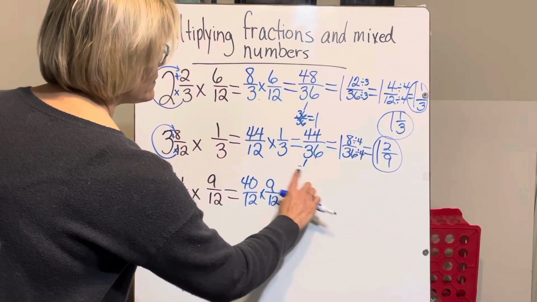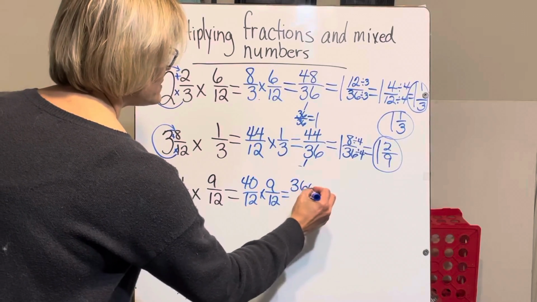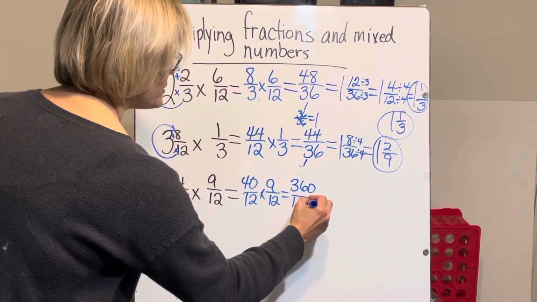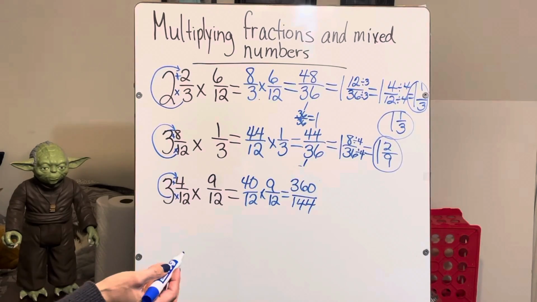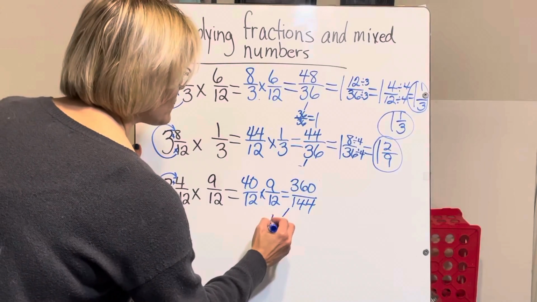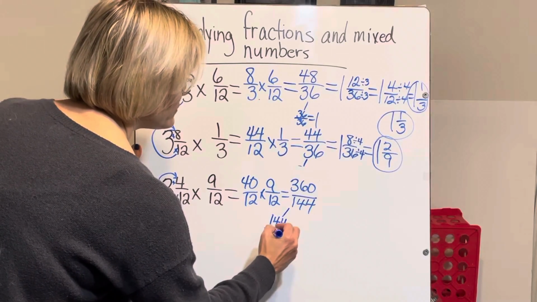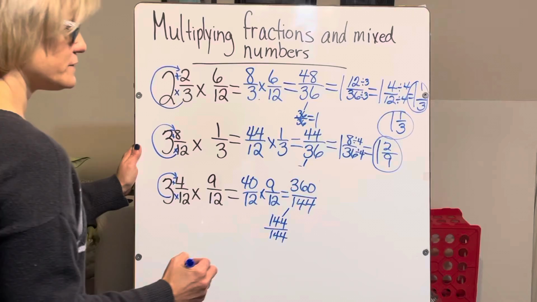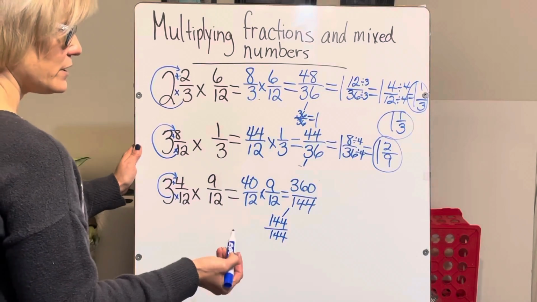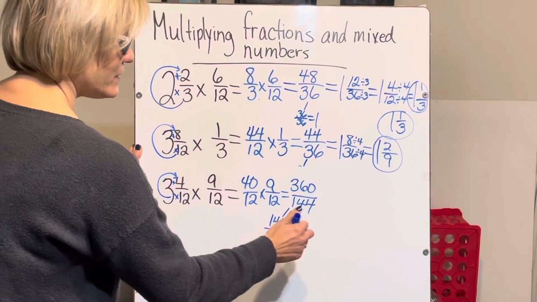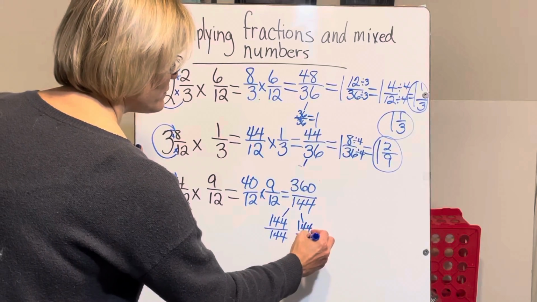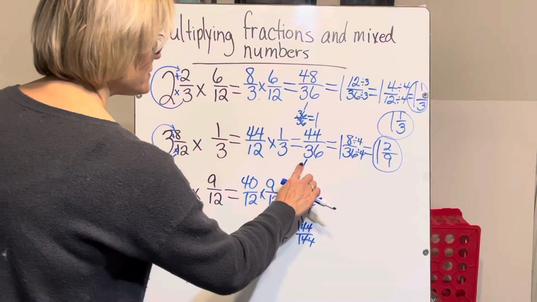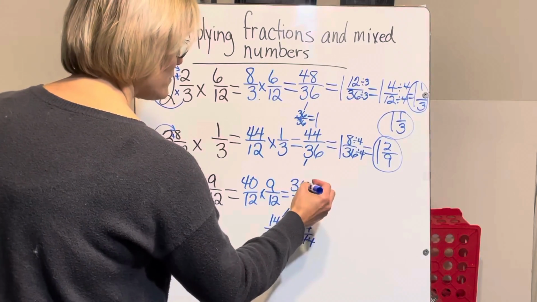All right. 360 over 144. Wow. Okay, that's really big. So I know I can get 144 144ths out, which gives me 1. Now, I know that if I have another 144 144ths, that's 288 that I've taken out of here.